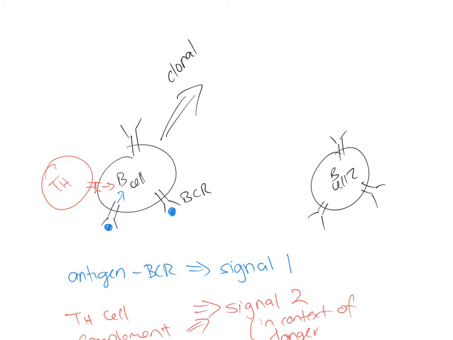We go through a process called clonal expansion. So this B cell is going to start to divide and divide and divide and make lots and lots of copies of itself. And the reason we call it clonal expansion is because these B cells all express the same B cell receptor as that original guy.